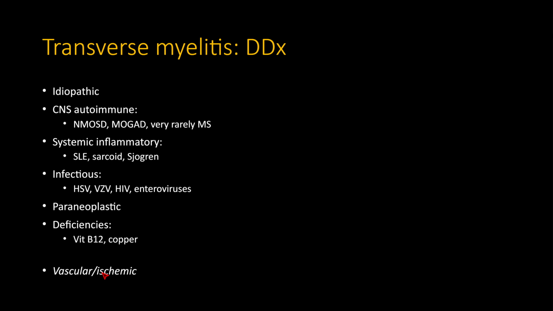However, when you're looking at just imaging, you don't really know whether it's vascular or not. So I included it here on the differential diagnosis of transverse myelitis simply because for us as imagers, we wouldn't know that a longitudinally extensive lesion that involves both sides of the cord is not vascular from the get-go. So we're going to include that in our differential as well.